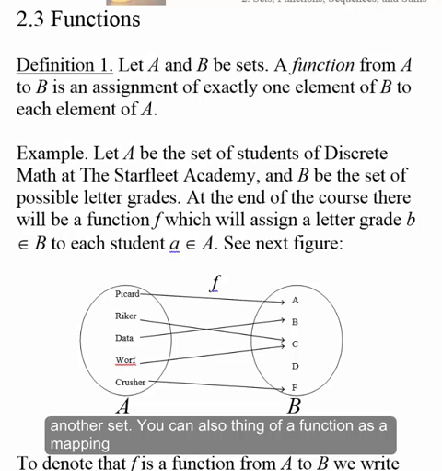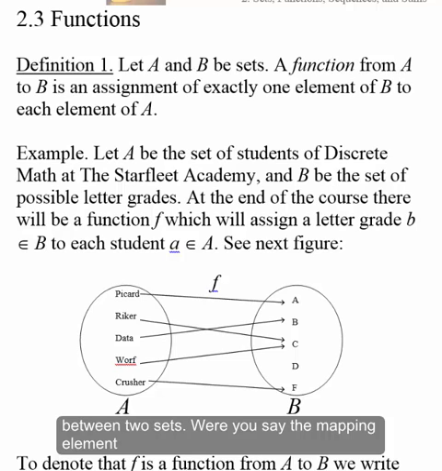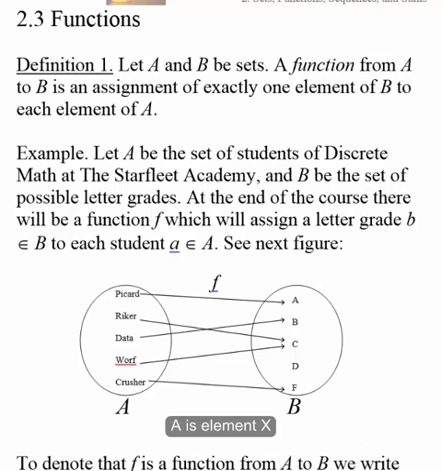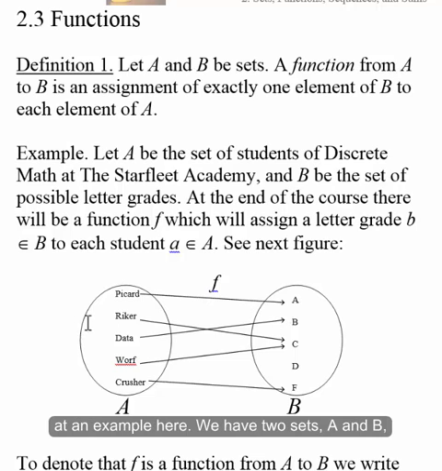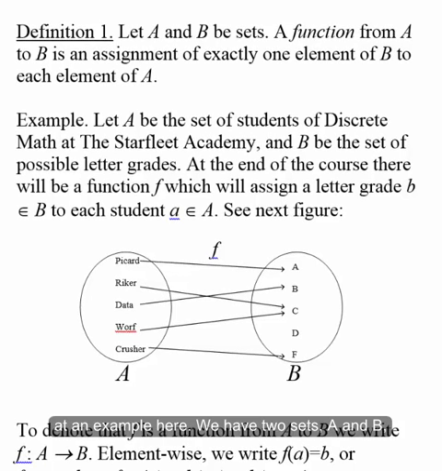You can also think about a function as a mapping between two sets, where you say the mapping of element A is element B in the other set. So let's take a look at an example here. We have two sets, A and B. A is a set of students for a certain course.